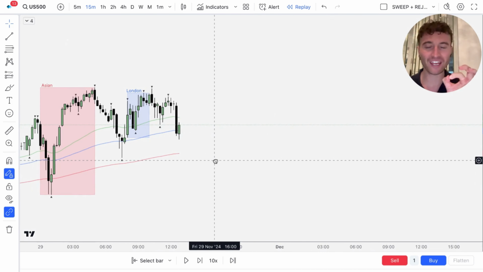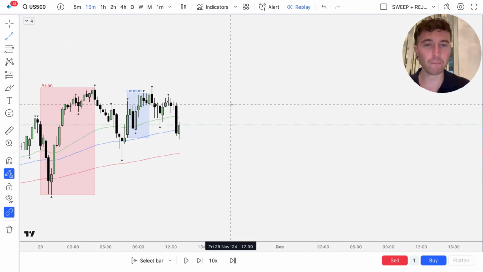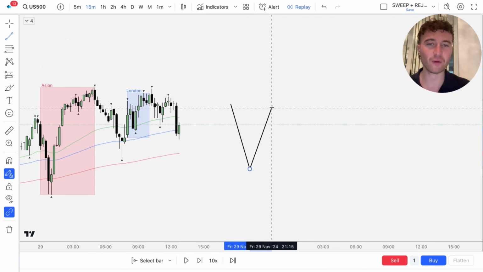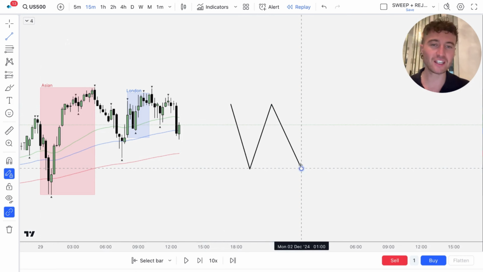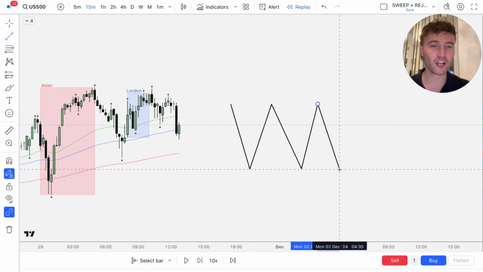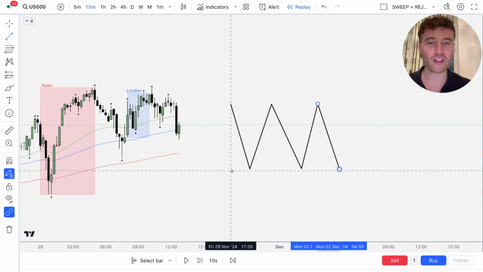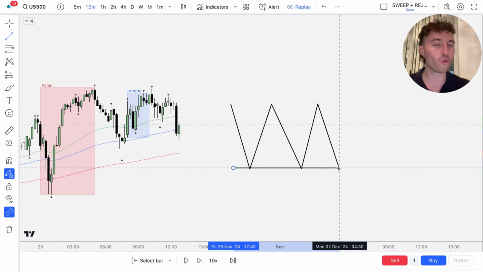For anybody that is new here, I just want to break down what the Power of Three is and what a liquidity sweep is. What you're going to see in the market is some lows like this. These could be equal lows, the London session low, or the Asian session low. It doesn't really matter.